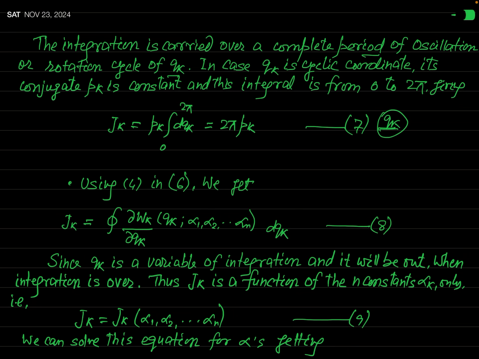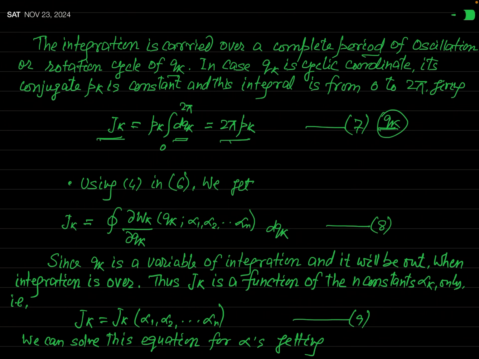In that condition, if you find the integration of dqk for a complete cycle, that is between 0 to 2 pi, then this action variable Jk is given as pk times the integral 0 to 2 pi of dqk, and this integral will be equal to 2 pi. Therefore, when qk are cyclic coordinates, the action variable Jk is simply given by 2 pi times pk.